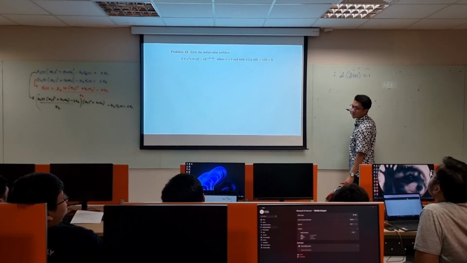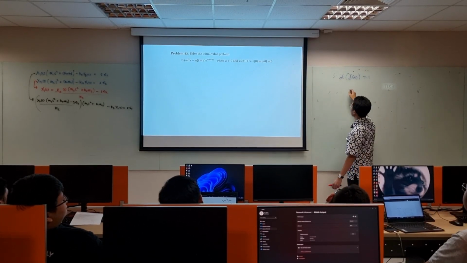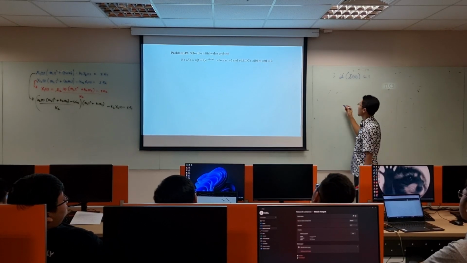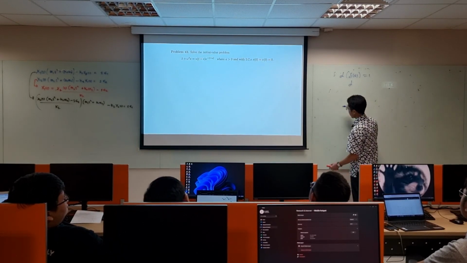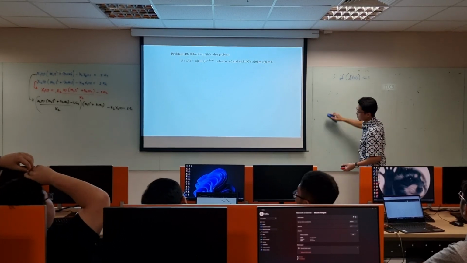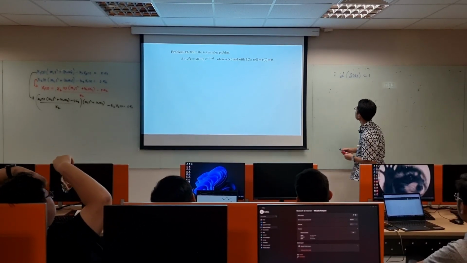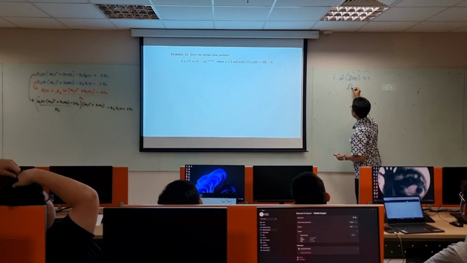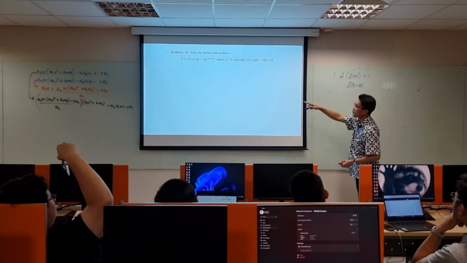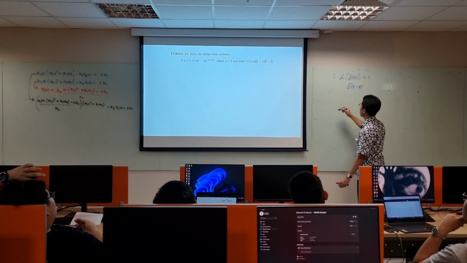If we want to take a delayed impulse, we just write delta of t minus a. We don't multiply by u(t minus a), just like that function.